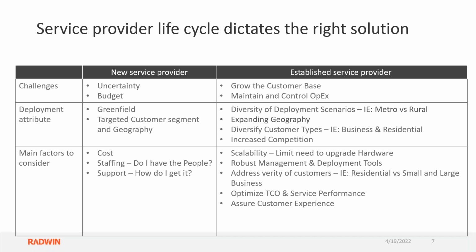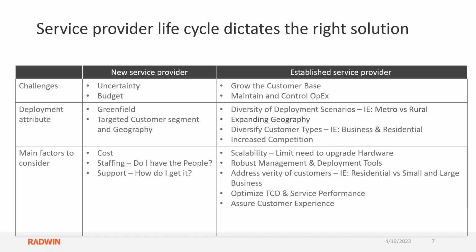Residential versus small and large businesses. When I say variety, I mean the quality of that type of customer. For example, small businesses may not have the same opportunities as a larger business when it comes to revenue. So you have to see where that plays.